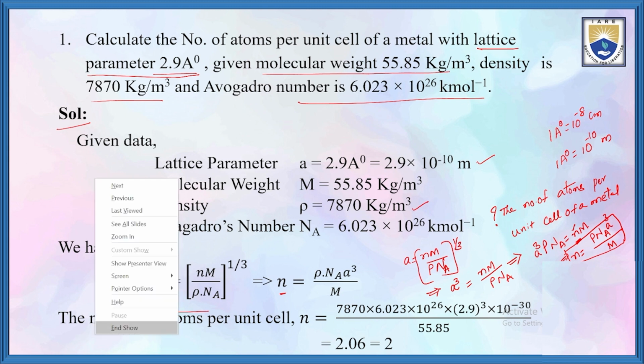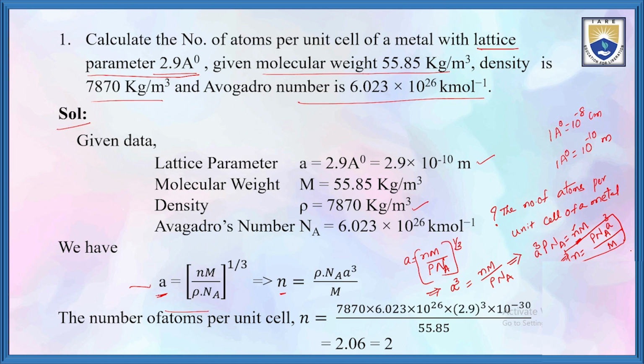Then the number of atoms per unit cell n is equal to, by substituting all these values, the value of rho is 7870 kilogram per meter cube, and the Avogadro's number is 6.023 into 10 power 26, and then A cube is (2.9 into 10 power minus 10) whole cube, divided by the molecular weight, 55.85.